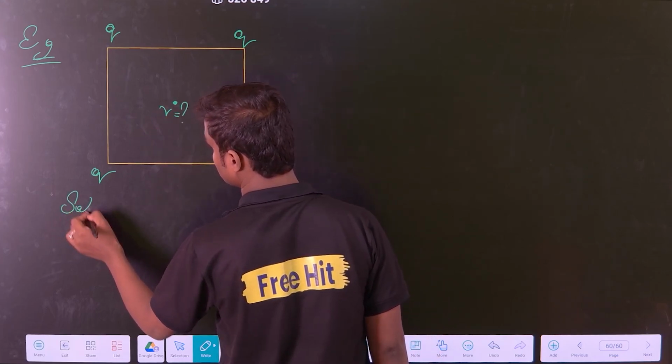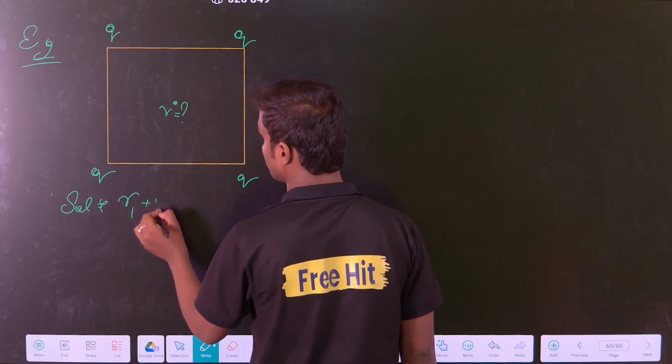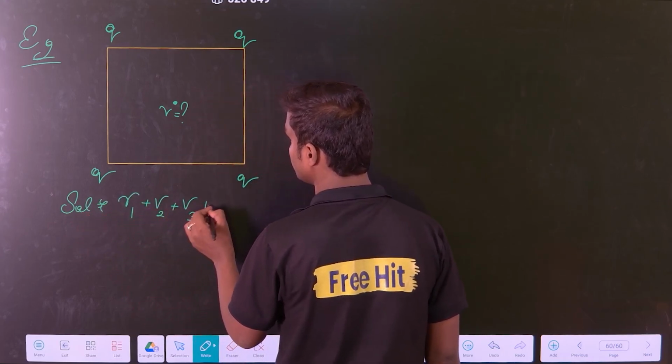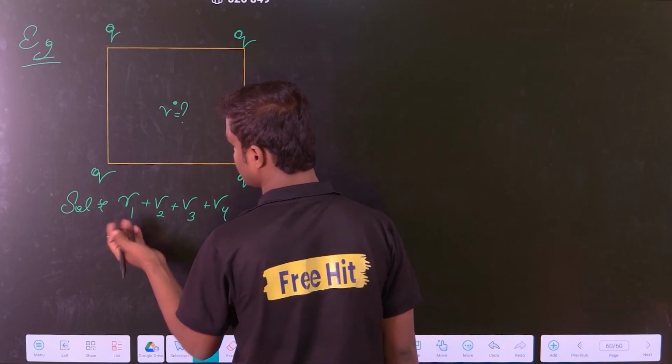What you will do: the potential at this point is V1 plus V2 plus V3 plus V4, simple, because it is a scalar quantity.